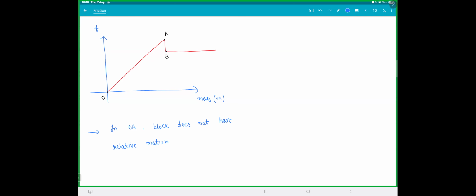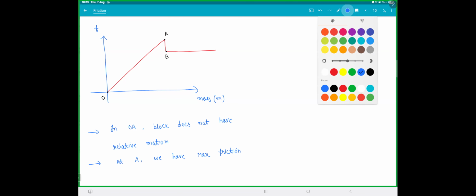That is fine. So friction is increasing gradually. And once you reach point A, we have maximum friction. So friction will increase till here and then it would suddenly drop.